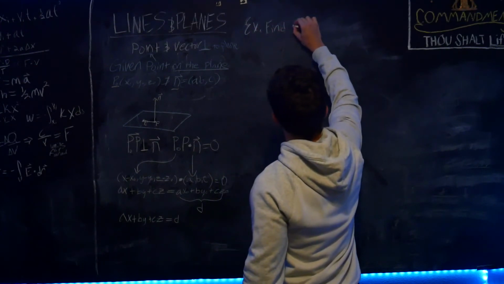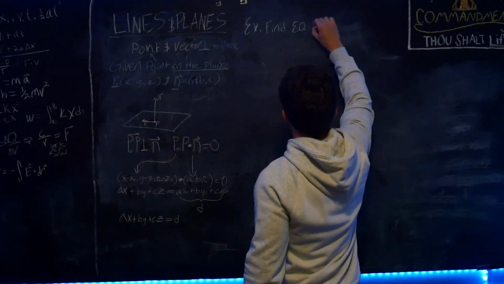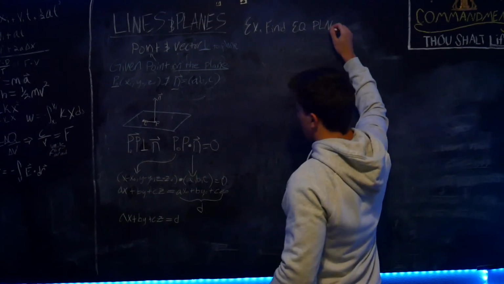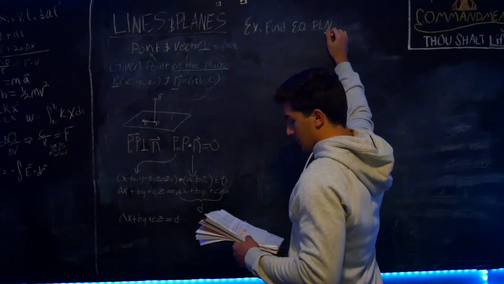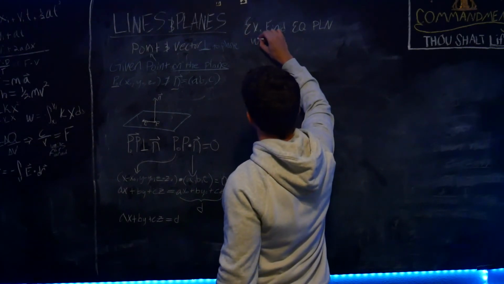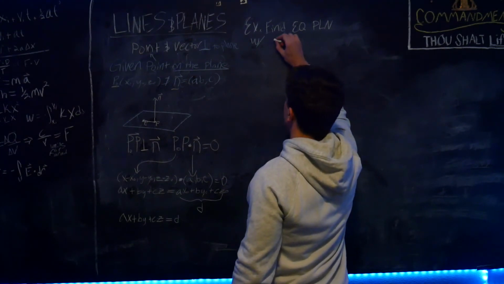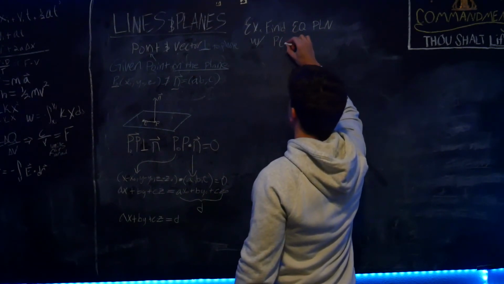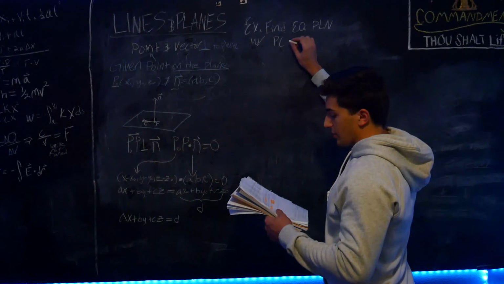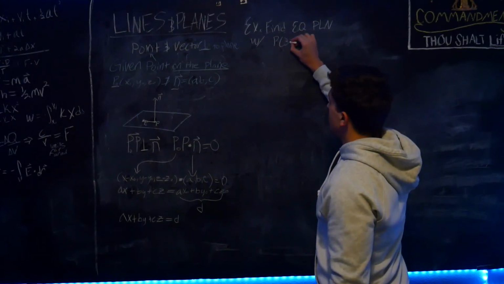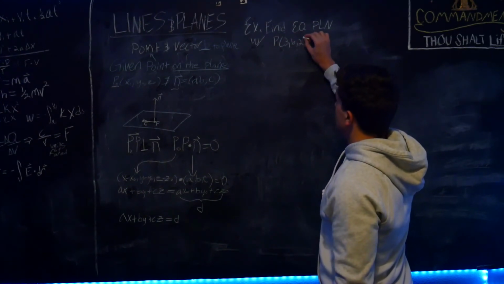Find the equation of a plane with, it's just W slash, it just means with, a point. You know it's a point because it doesn't have the vector sign over it. 3, 6, 2.